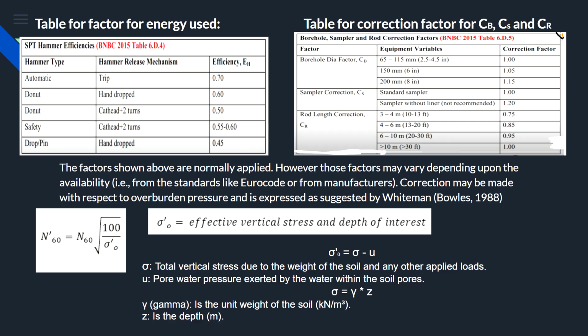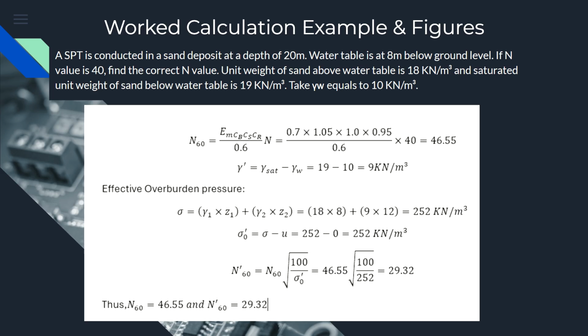Sigma prime naught can be found by subtracting the pore water pressure from the total vertical stress due to the weight of the soil and other applied loads, where the total vertical stress is calculated by multiplying the unit weight of the soil with the depth.